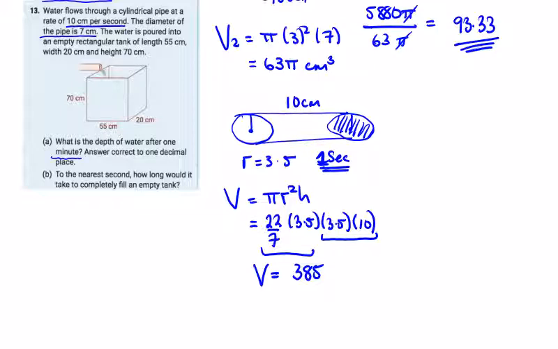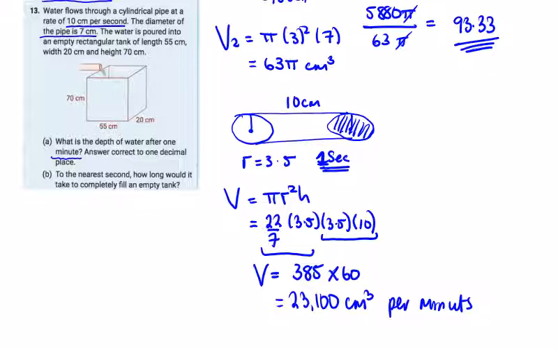So if I multiply this by 60, that's going to give me 23,100, and that'll be in centimeters cubed per minute. That's what's going to go through this pipe, or what's going to come out the pipe at a certain point.